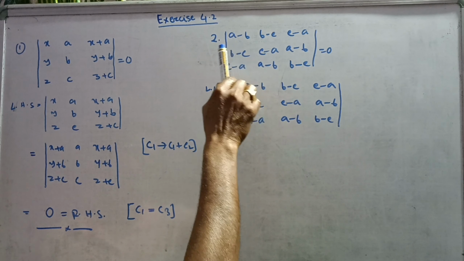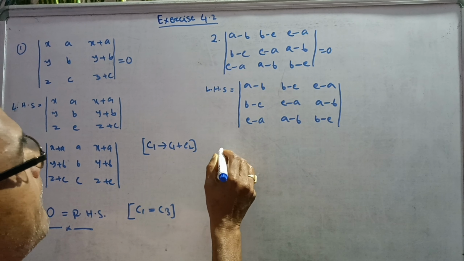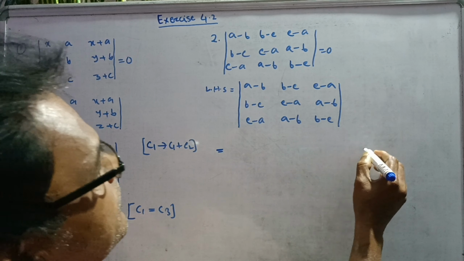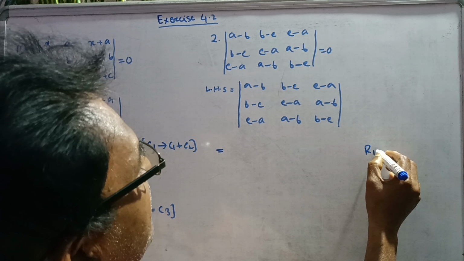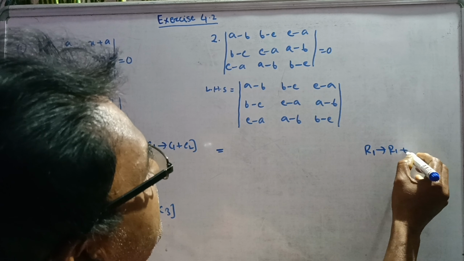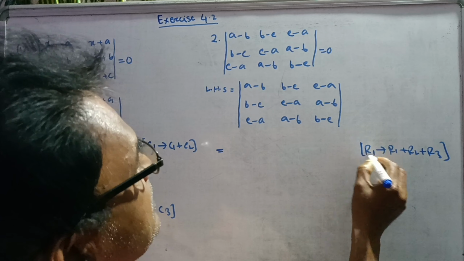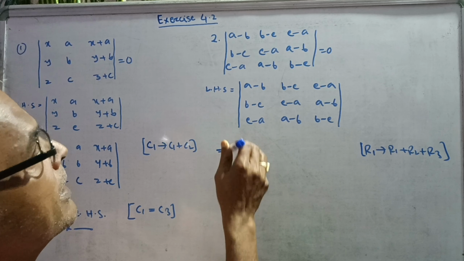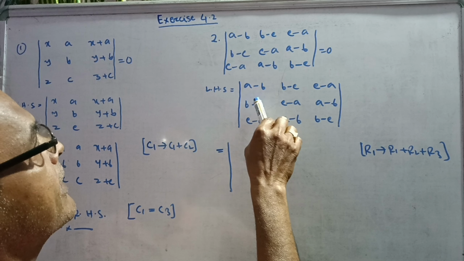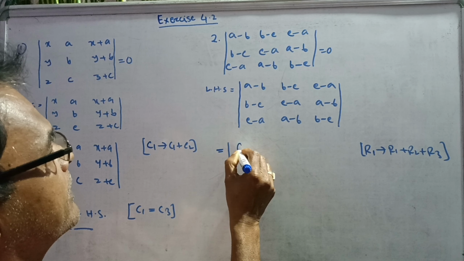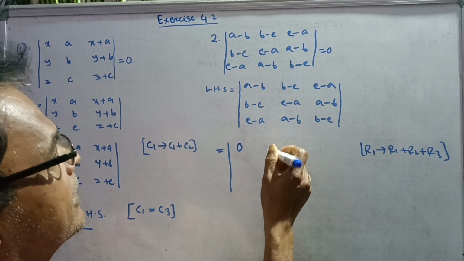Number 2, now we have to show this equal to 0. Taking the left hand side, suppose we apply R1 changes to R1 plus R2 plus R3. Then we get R1 as this plus this equals 0. B and B cancel, C and C cancel, A cancels, so that becomes 0. Here also B, B cancel, A cancels, C, C cancel, so 0.